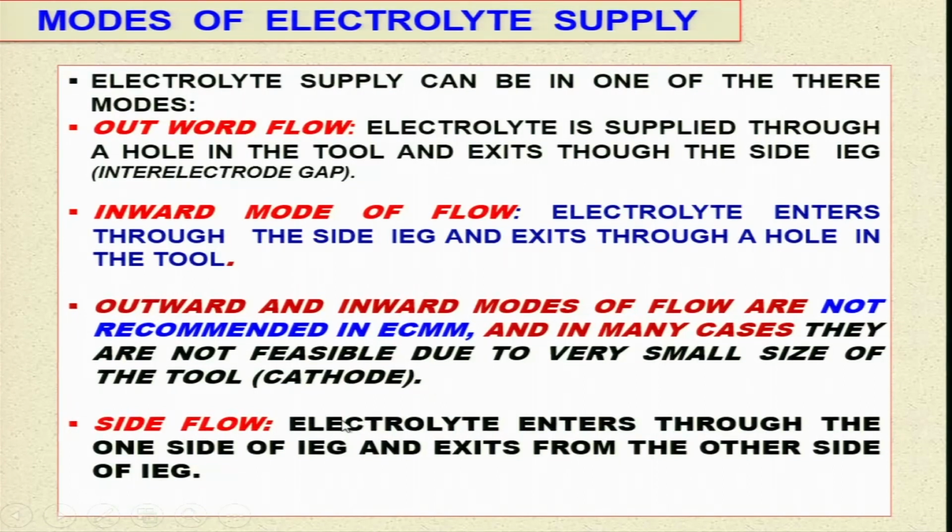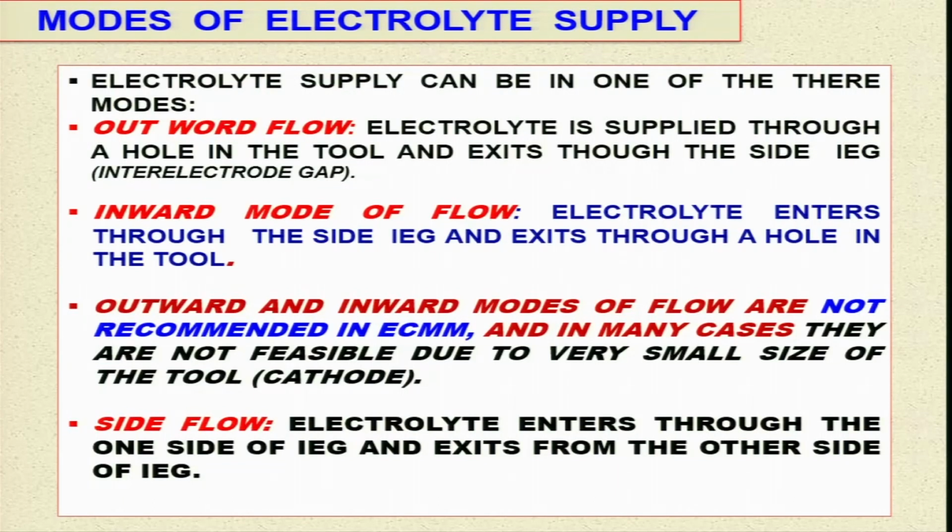So, this is quite feasible and used in case of ECMM process, if you are having the flowing electrolyte. Otherwise, as I have mentioned earlier, you have the electrolyte in the tank, you submerge the workpiece and have the tool over there, and from one side of the tank you supply the electrolyte, on the other side you just take it.